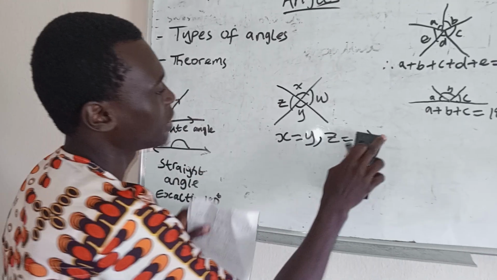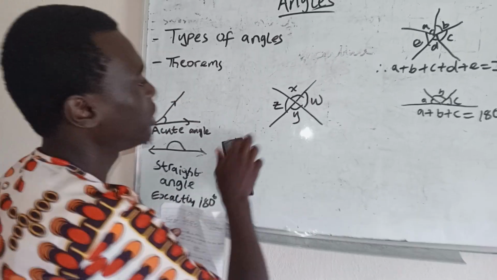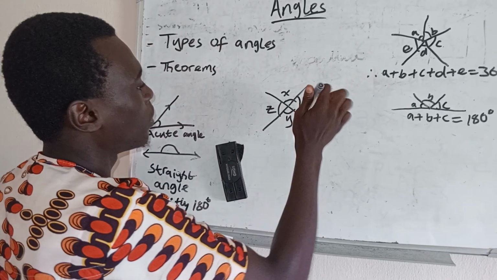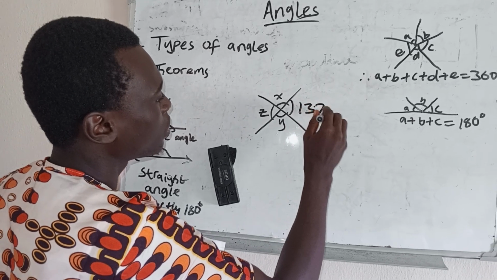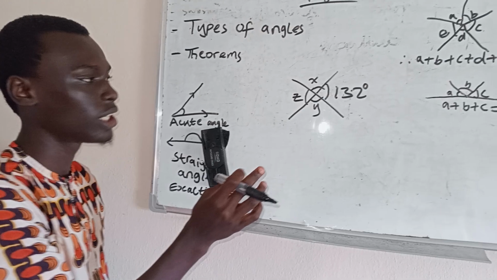Okay, now let me give an example. Maybe here 132 degrees. Let me prove that vertically opposite angles are equal.